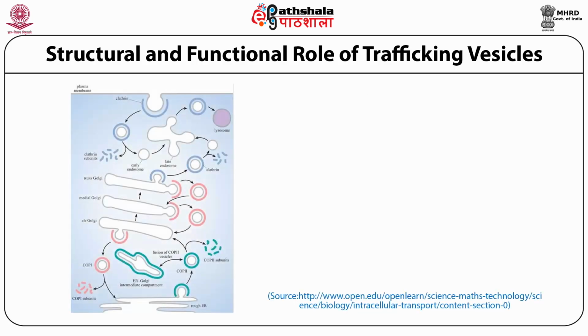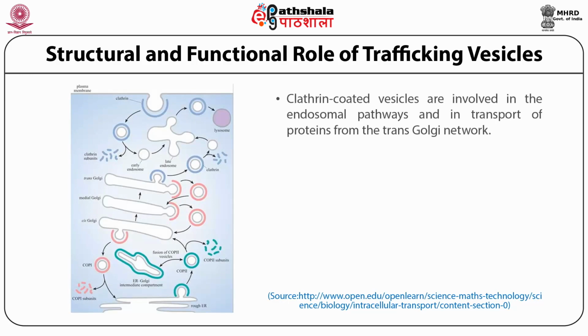This figure shows all the three coated vesicles present in a cellular system, which are clathrin coated vesicles, COP1 coated vesicles and COP2 vesicles.